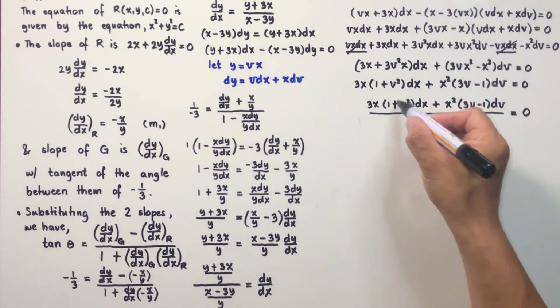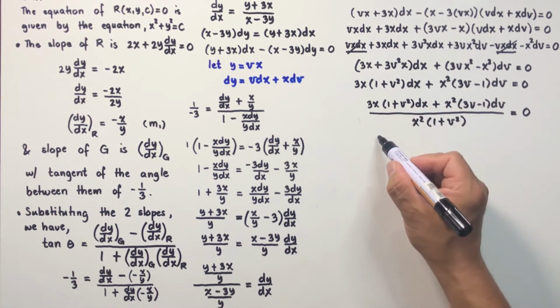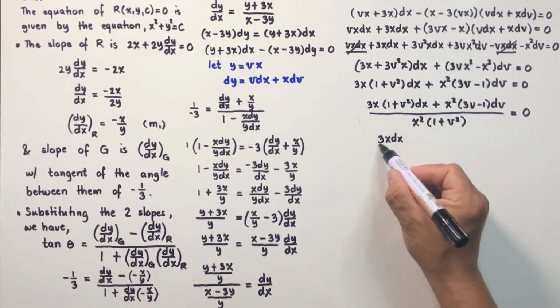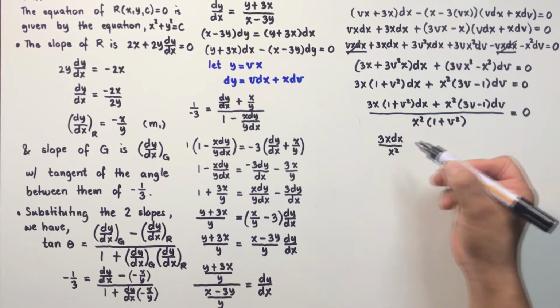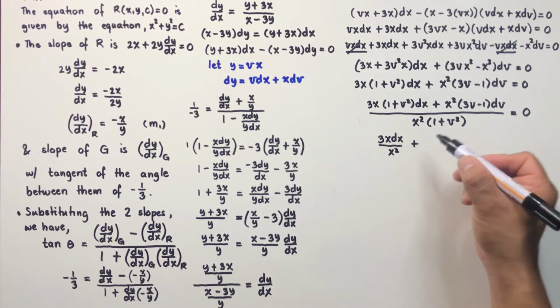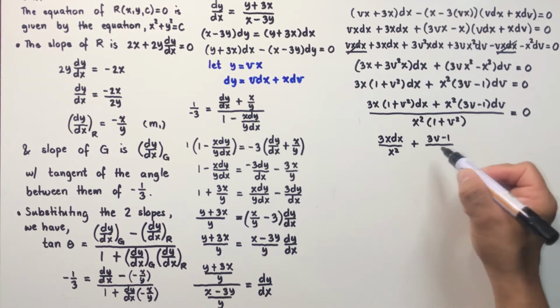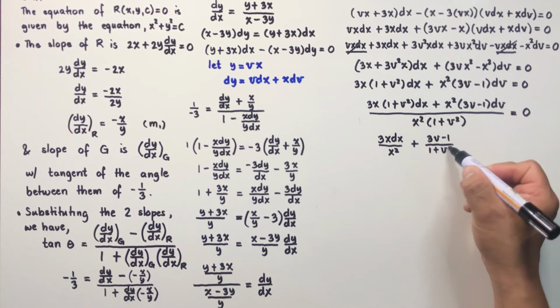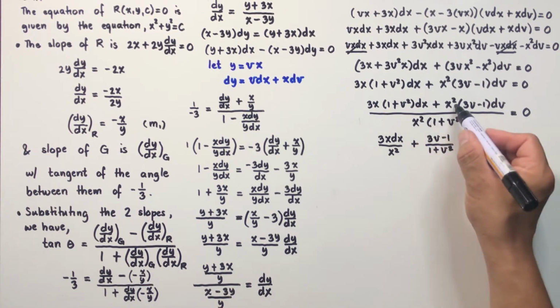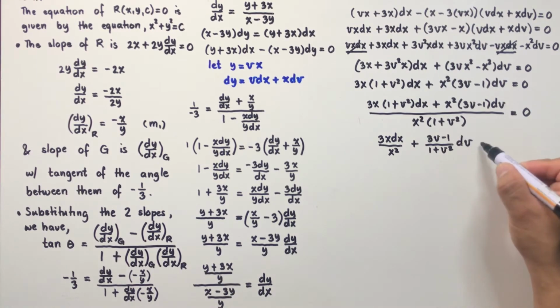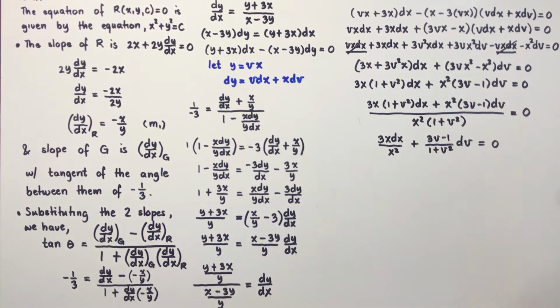So this 1 plus v squared cancels. Then what remains is 3x dx over x squared. And this is added to (3v minus 1) over (1 plus v squared) because these x squareds cancel each other. So this is equated to 0.